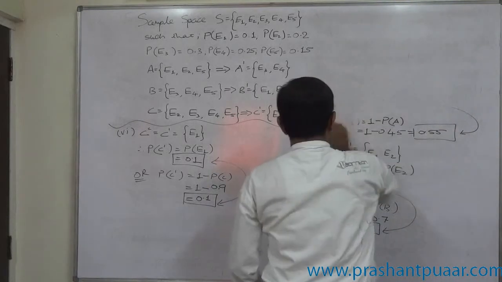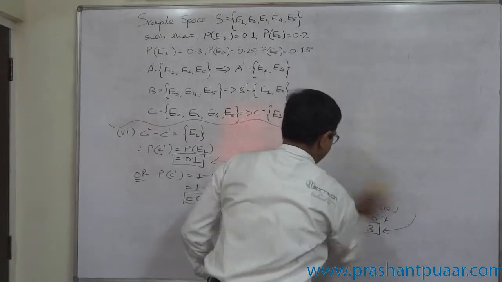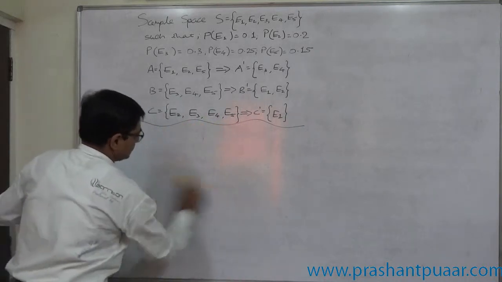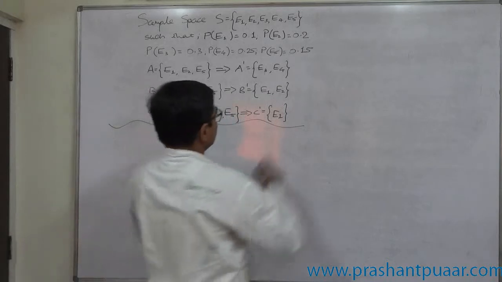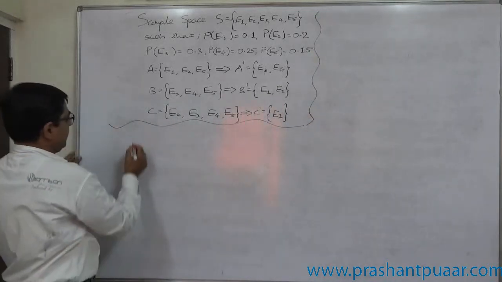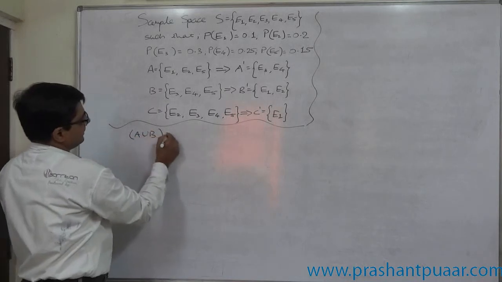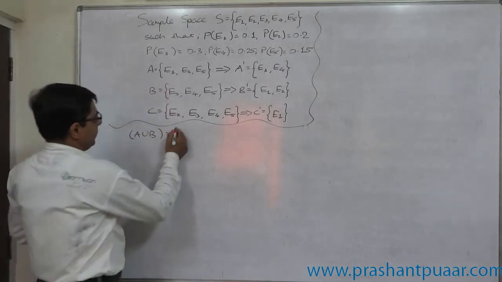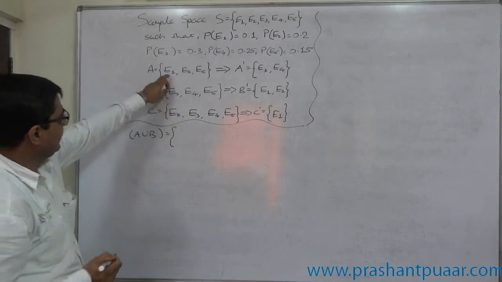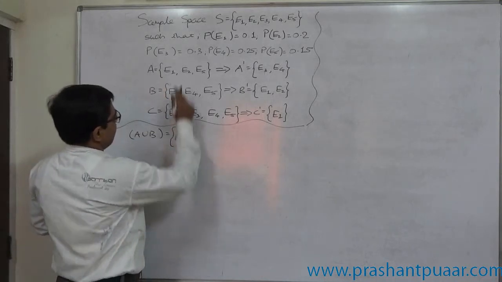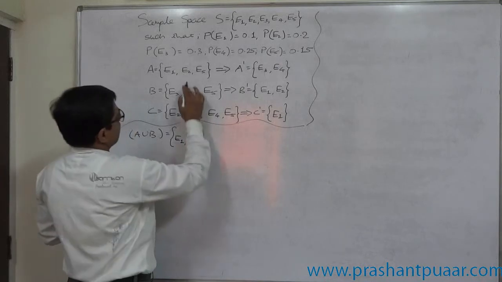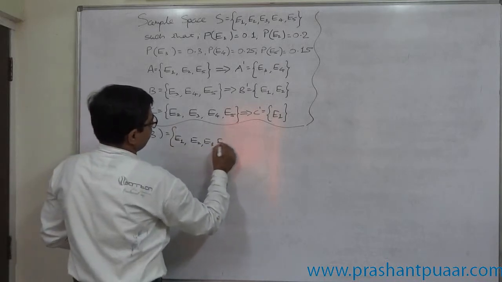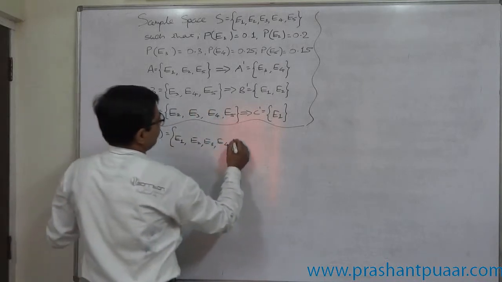Now let us go for A union B. Union. Either A or B or both. What are the common members? E1, E2, E3, E4 and E5.